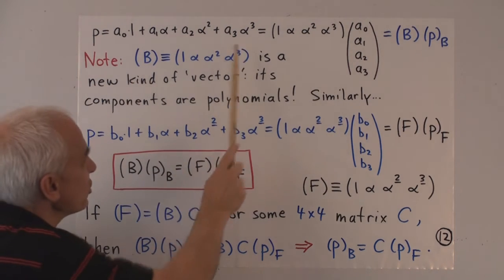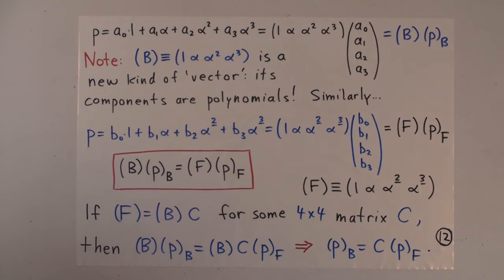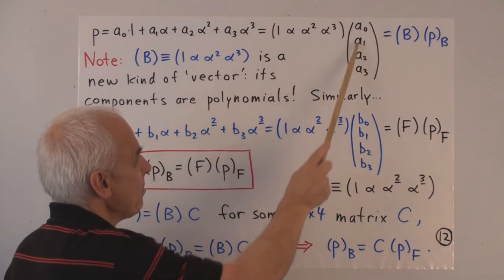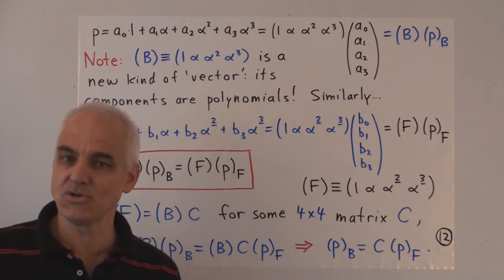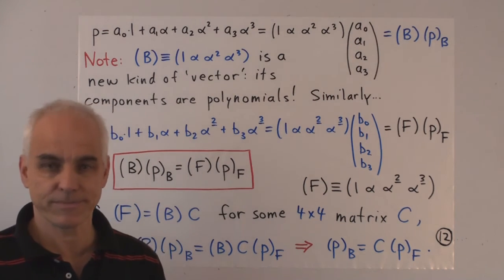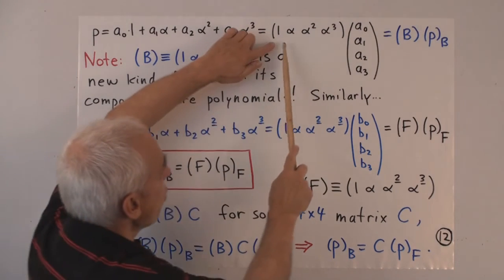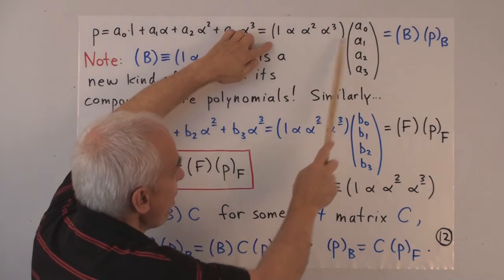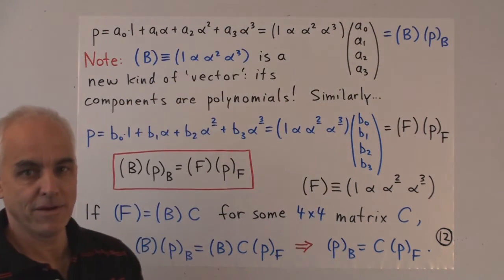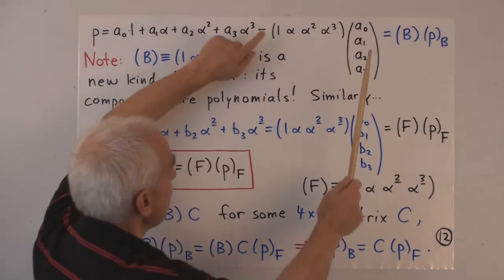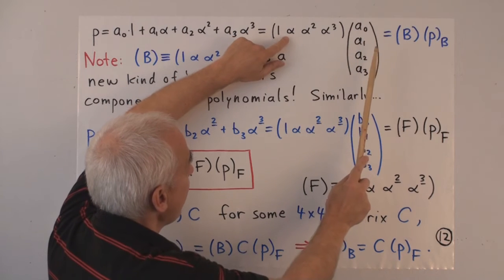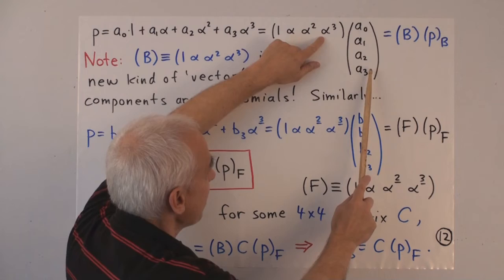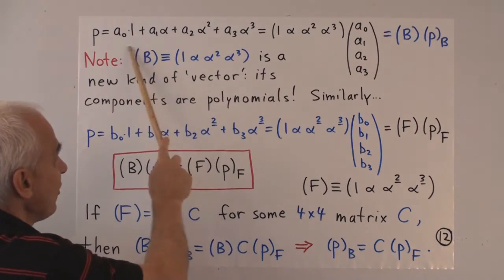Well, that kind of expression is the same kind of thing that we get when we multiply a row vector by a column vector using matrix multiplication. If these were ordinary vectors of numbers, then this product would be a 1 by 1 matrix whose term would be 1 times a0 plus alpha times a1 plus alpha squared times a2 plus alpha cubed times a3. In other words, exactly this expression.